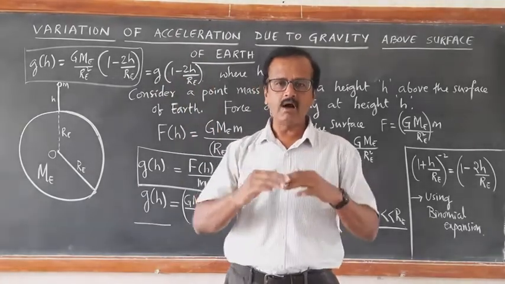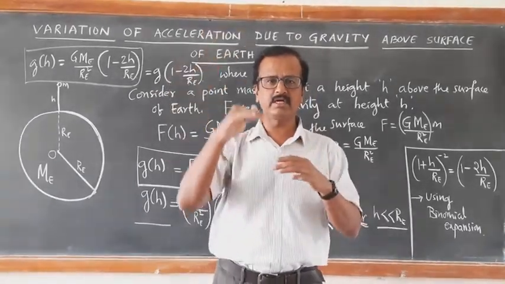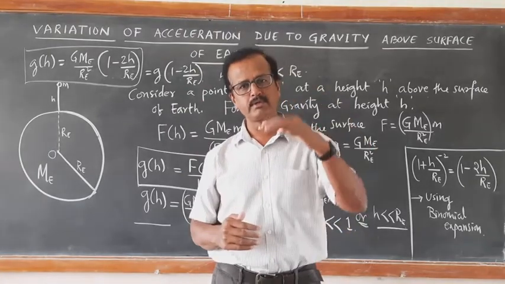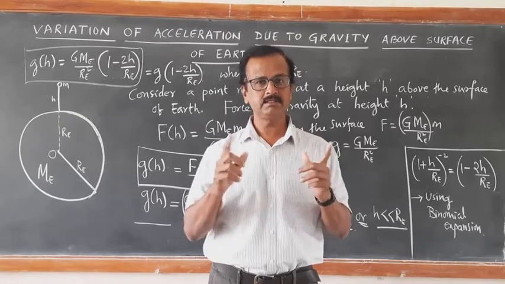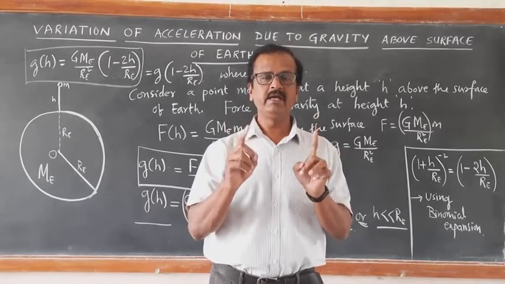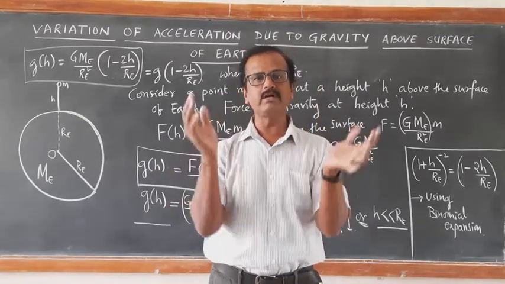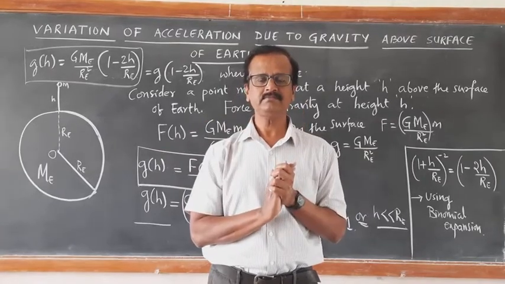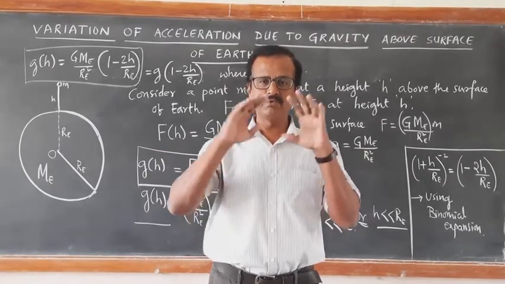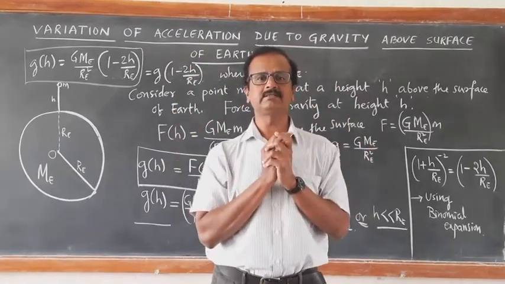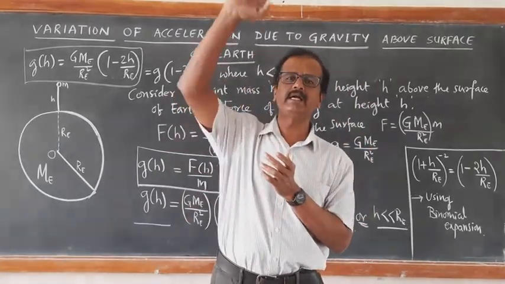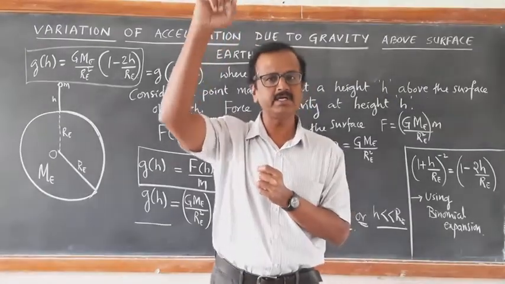But acceleration due to gravity has its maximum value only on the surface of the Earth. It means the force of gravitation is maximum only on the surface of the Earth.